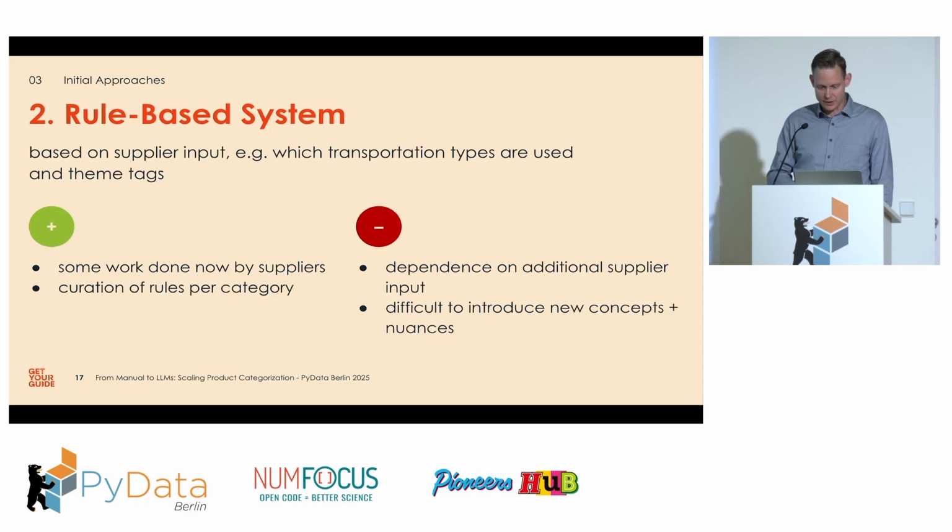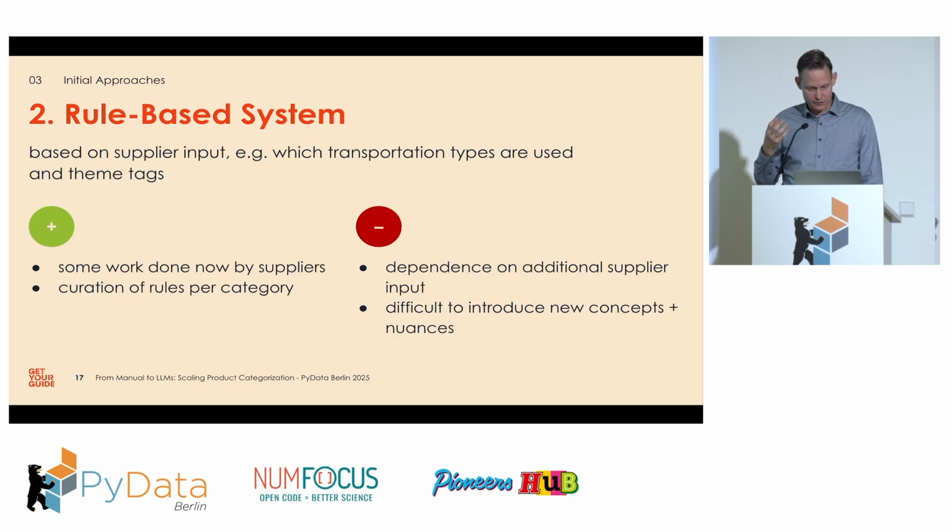So the next iteration, which roughly happened in 2019, is then a rule-based system. That was then based on supplier input. So when a supplier puts a new product online, they are asked some questions, for example, which transportation type is used, or to provide some tags about themes of the product.